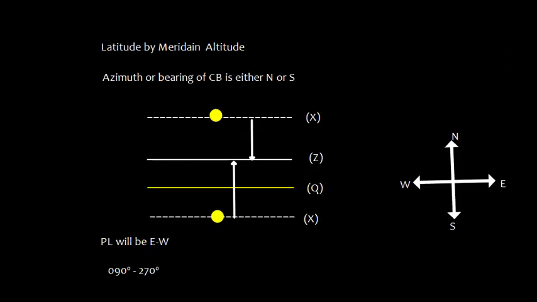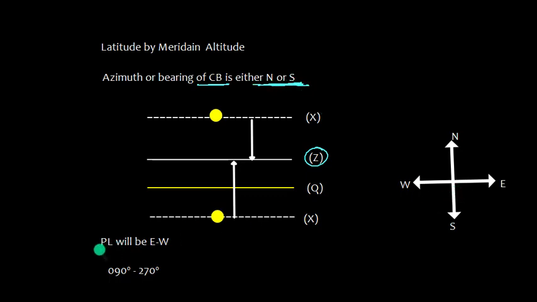Now, how to obtain latitude by meridian altitude? Well, the azimuth or bearing of the celestial body is either north or south, that we have already established. This is the equinoctial here. Suppose the observer is here, then the celestial body is either north or south. So, the azimuth of the celestial body is going to be either north or south.